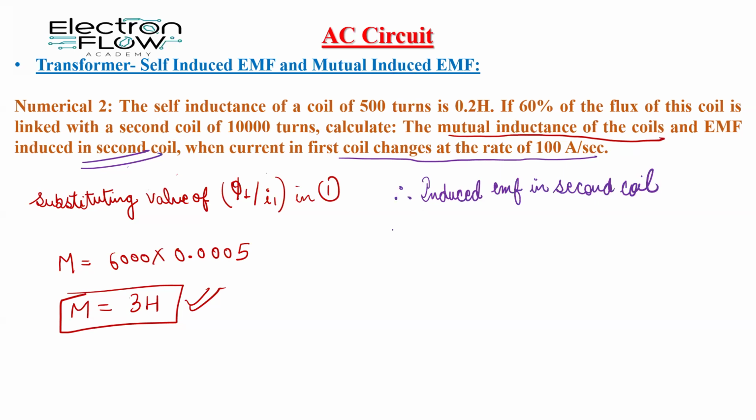That means the induced EMF of the secondary coil is given by E2 is equal to M di1 divided by dt.